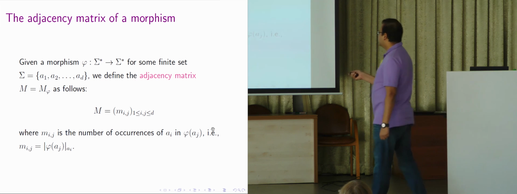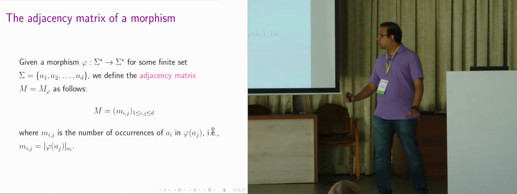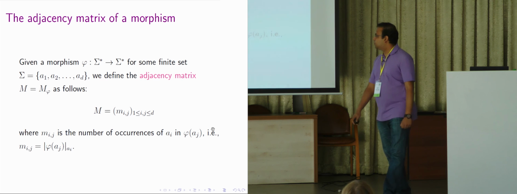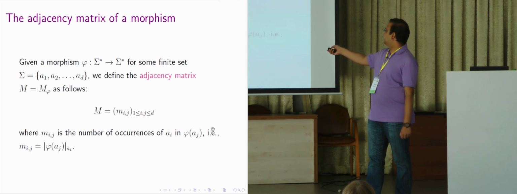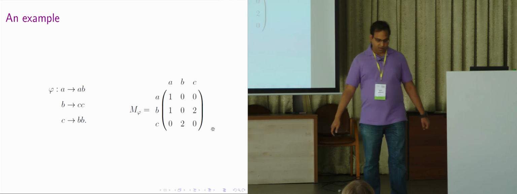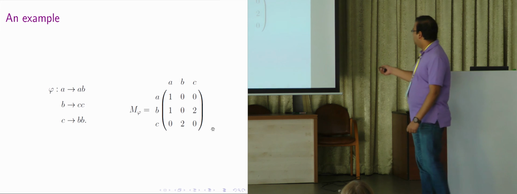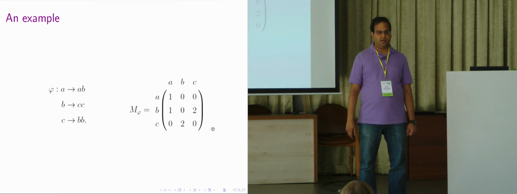And the main tool, or the main concept that we need, is the so-called adjacency matrix of a morphism. Okay, let's skip the technical definition. It's actually very easy to understand what the matrix is. We make a matrix whose rows and columns are labeled by the letters of the alphabet.